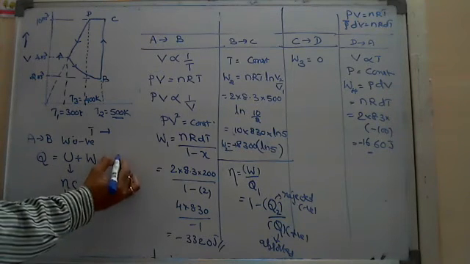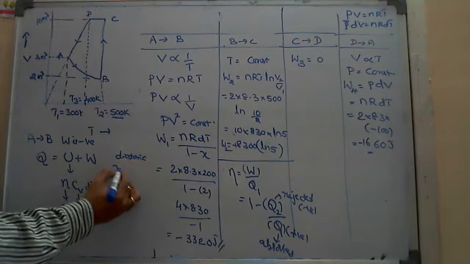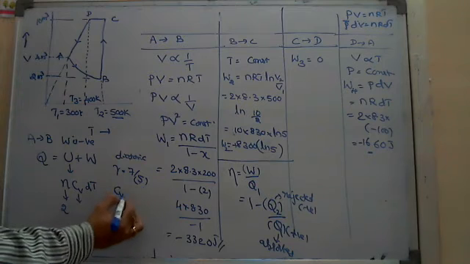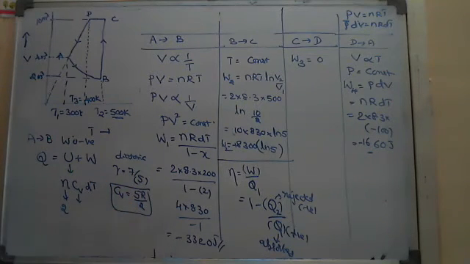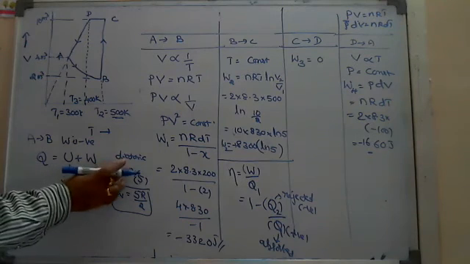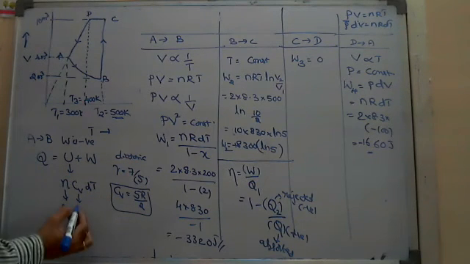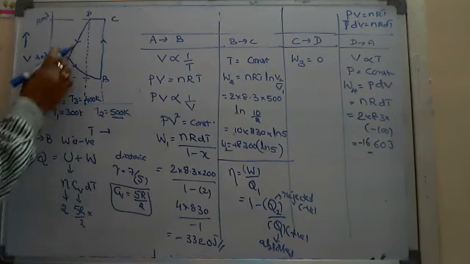Cv is, he said it is diatomic. Diatomic means gamma is 7 by 5, Cp by Cv. So Cv is equal to 5R by 2. Simple shortcut. Okay. So Cp is 7R by 2, Cv is 5R by 2. So Cv is 5R by 2 into dT, A to B.